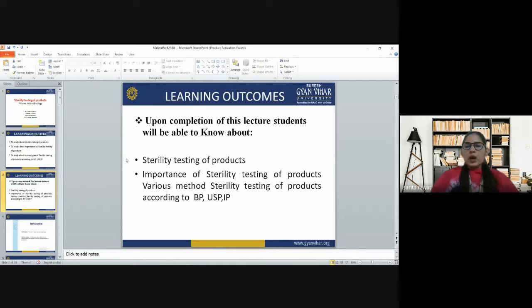Now, the learning outcome of today's lecture is that you are able to know about the sterility testing of the product, the importance of sterility testing of the product, and various methods that are used for the sterility testing of product according to the BP, USP, and IP.